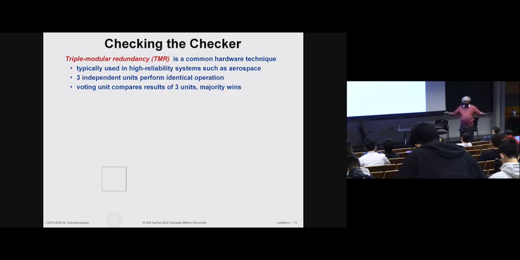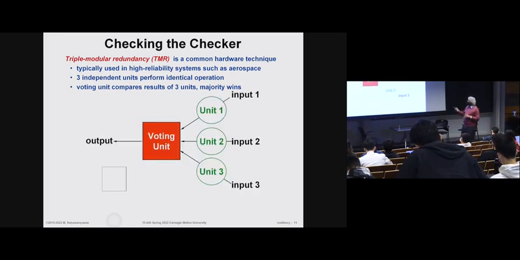If they all match, then the chances are very good, assuming independence of failure, that is a trustable answer. If there's a mismatch, the story gets more interesting. Okay? So I have 3 inputs. I have identical computational units, and I have a voting unit.